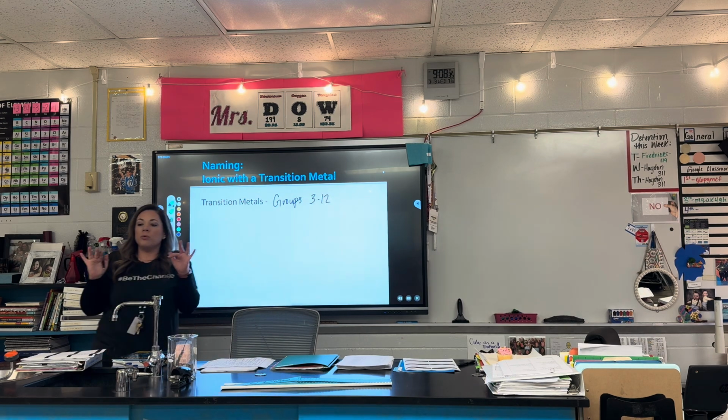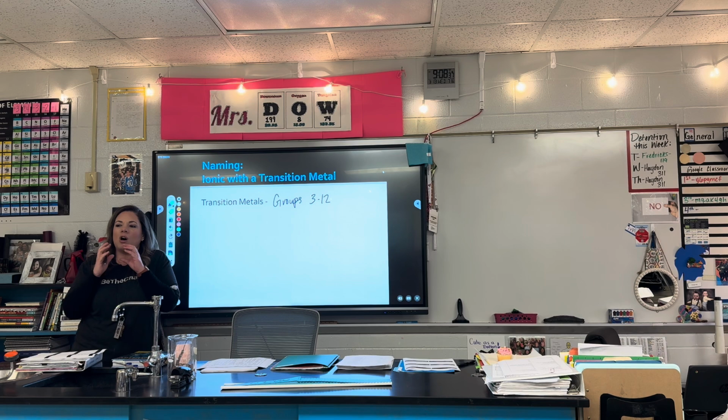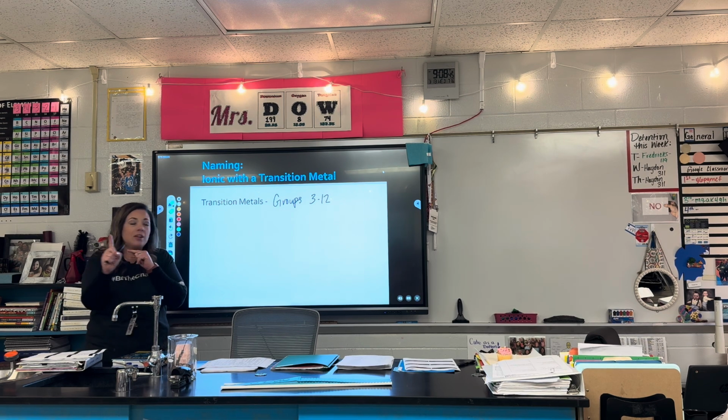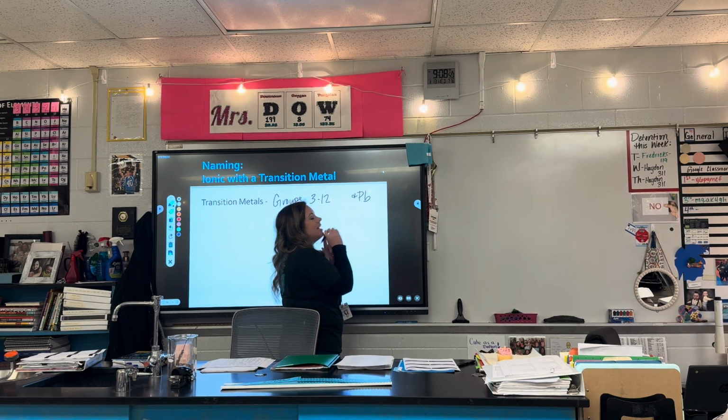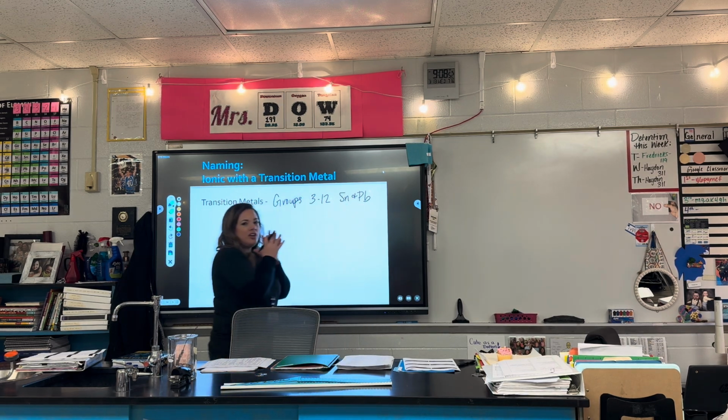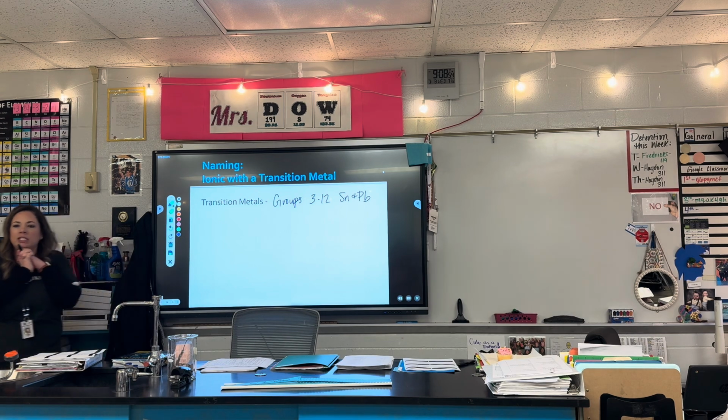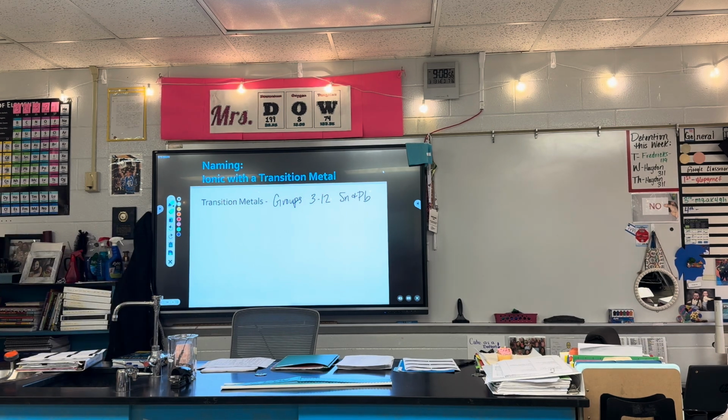Now, remember when we talked about the transition metals, it also applied to 2 other elements. What other elements were those? Lead, so Pb, and tin, Sn. Good, Sn and Pb, bottom of group 14. They act like transition metals, okay? So this is still gonna apply to those 2 also.